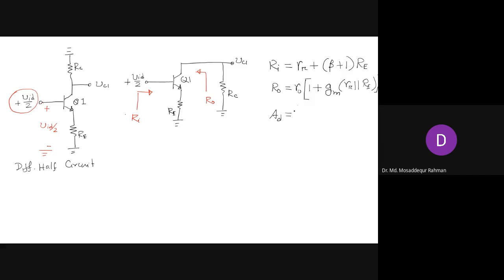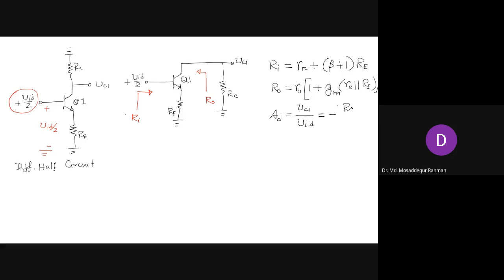That will be VC1 by VID. The voltage gain for the common emitter amplifier with resistance in the emitter, we have learned, is the ratio of the resistance in the collector to the resistance in the emitter, with a minus sign.